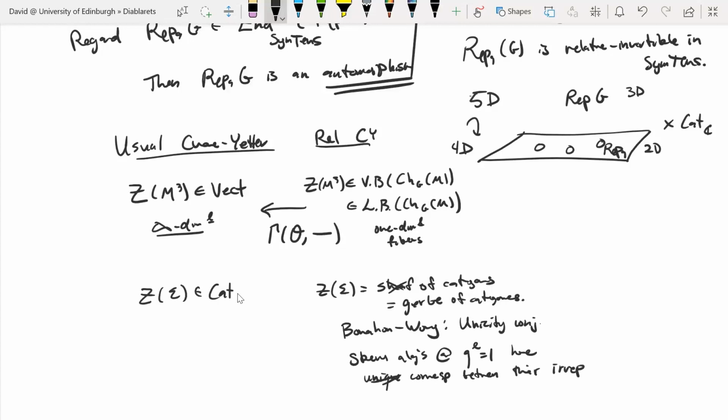So the skein algebras are non-commutative, but there's a correspondence between their irreps and points of the character variety of the surface. And this conjecture was attacked by various people.